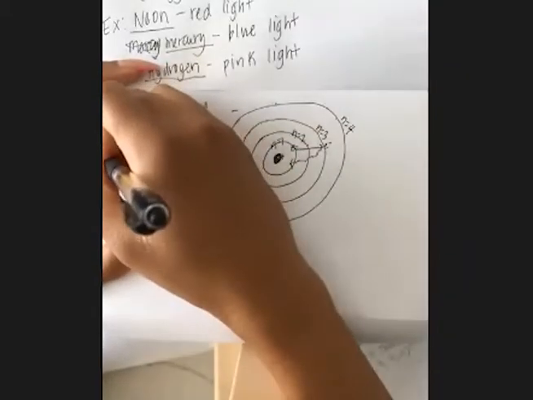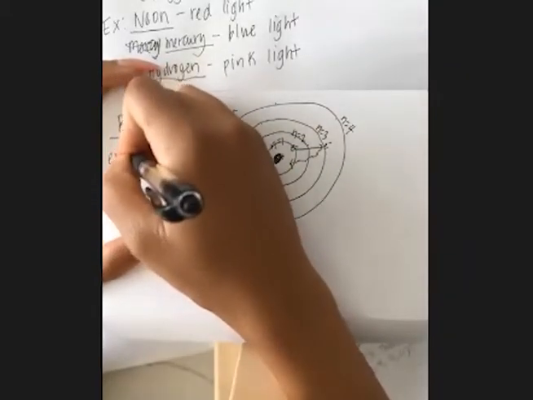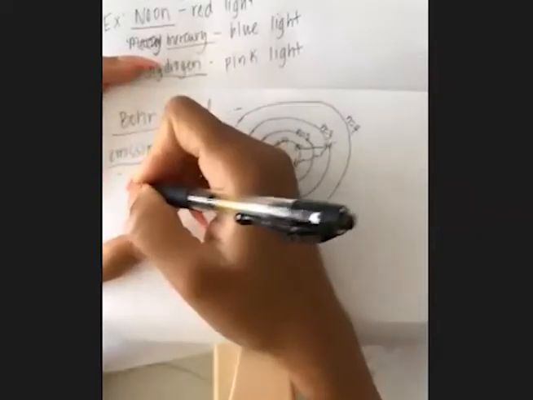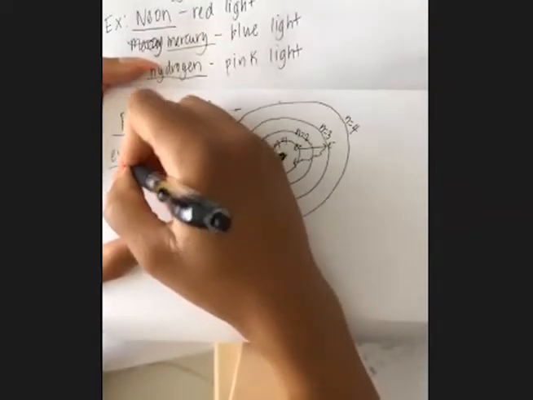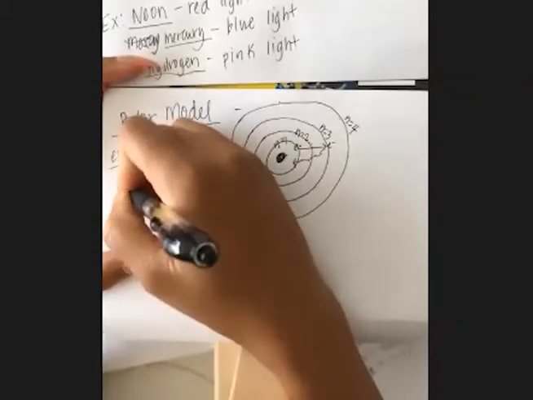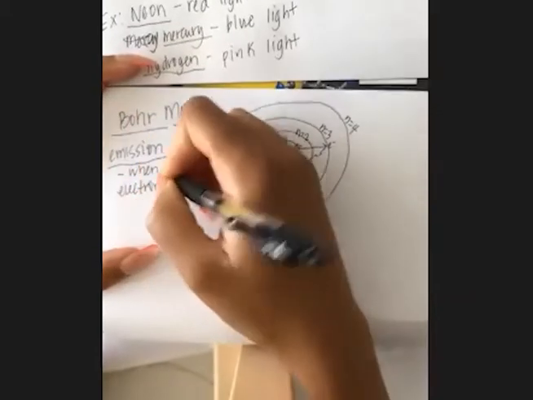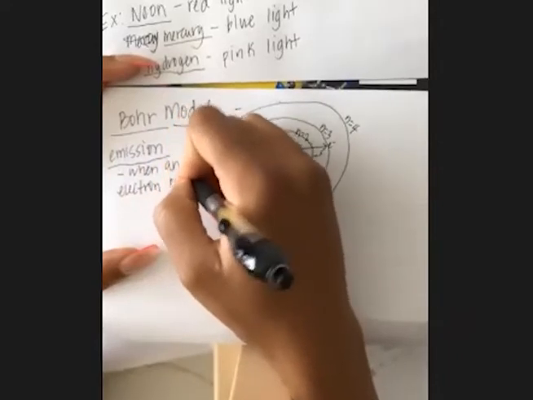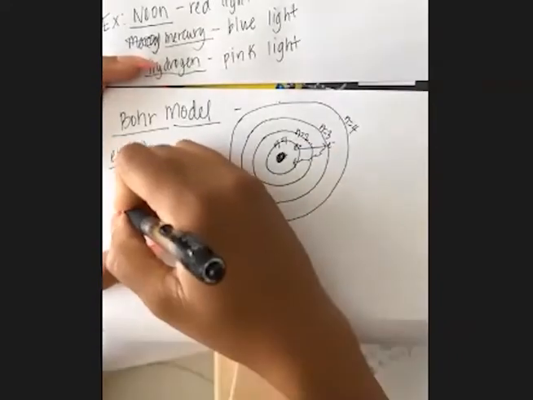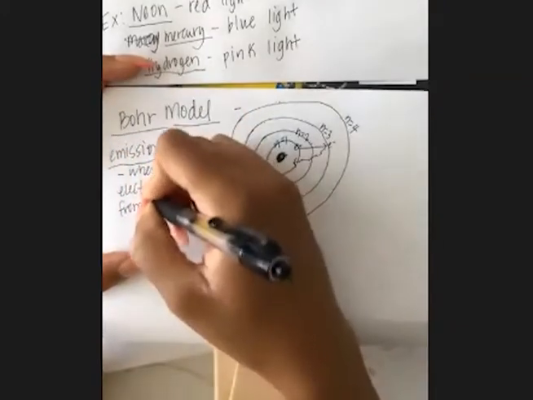And we say now that the emission is like saying when an electron moves from a higher energy level to a lower energy level. Are you guys following me so far?